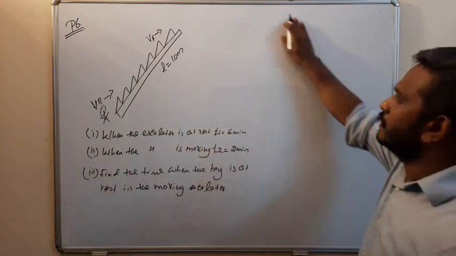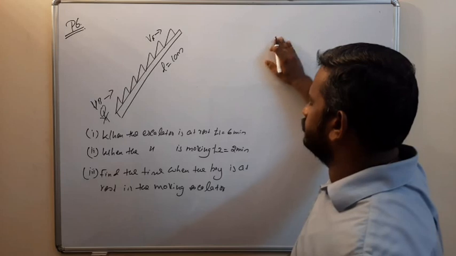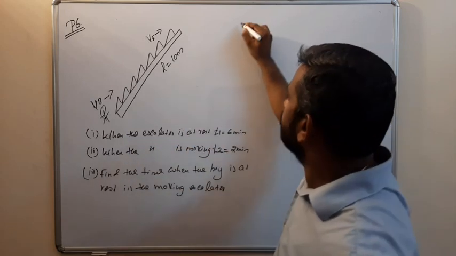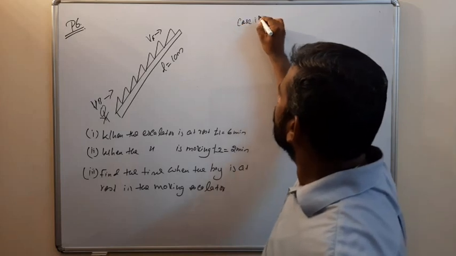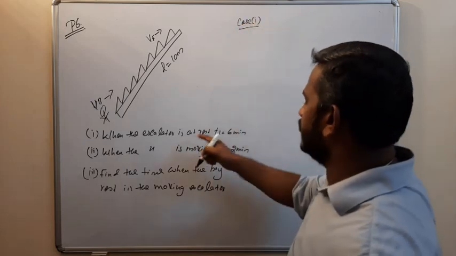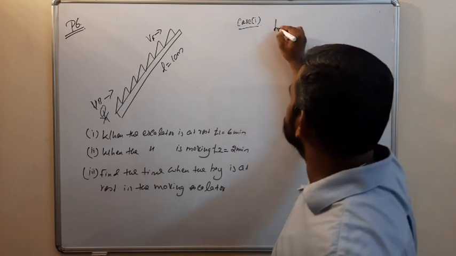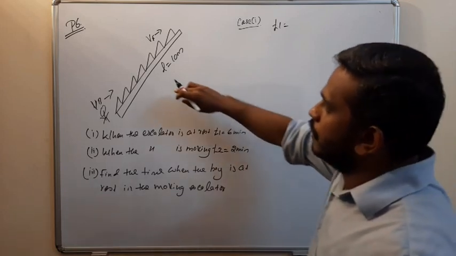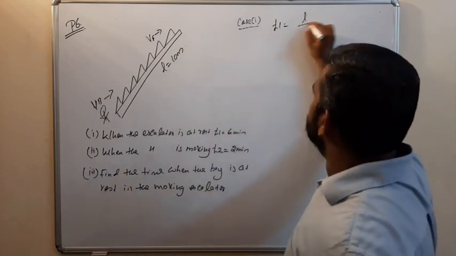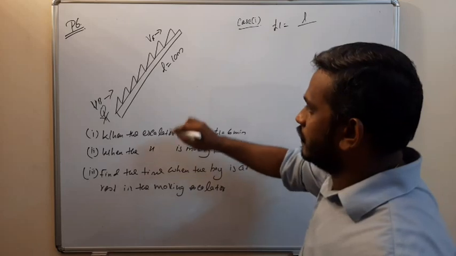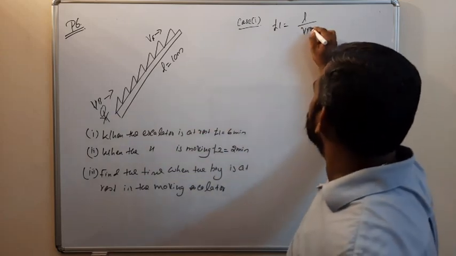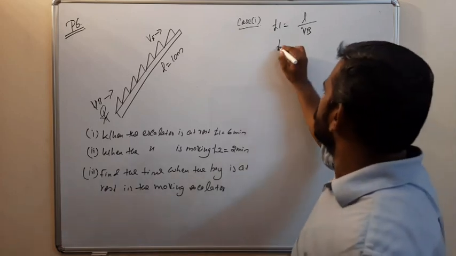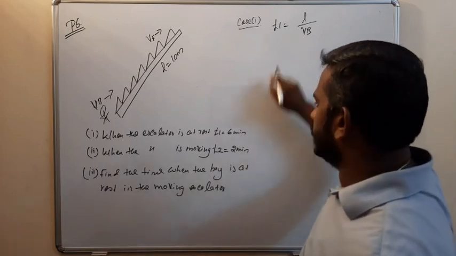Clear? So case 1, when the escalator is at rest, T1 is equal to 6 minutes. So time T1 is equal to the length of the escalator L divided by VB, the velocity of the boy.